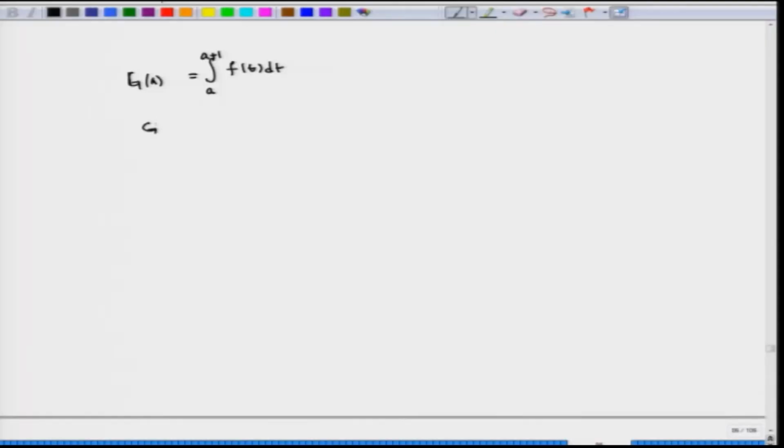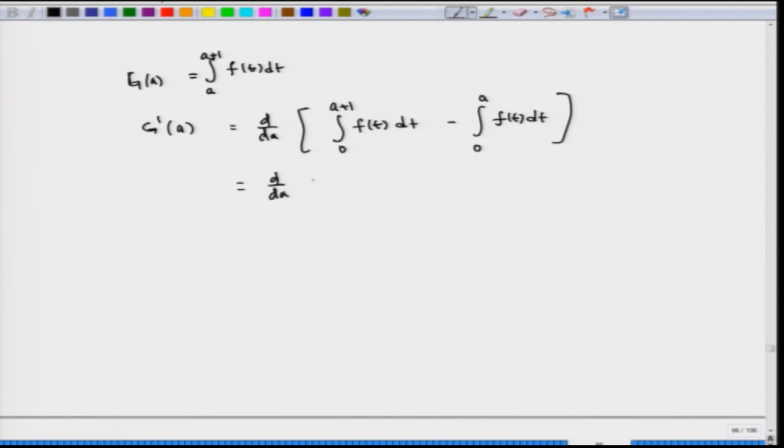Once it is constant, this will be true for any choice of a, and in particular we will take a to be equal to 0. So now let us calculate g prime of a. This is d by da of the integral from 0 to a plus 1 of f(t) dt minus the integral from 0 to a of f(t) dt, by the properties of integrals.